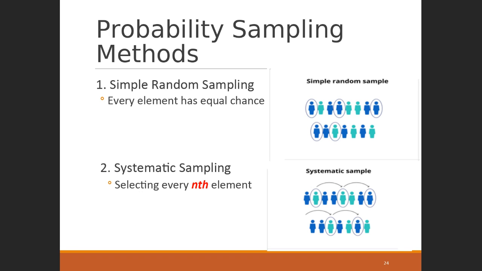So the first important type of probability sampling is simple random sampling, which means that every element in the population has a known or an equal chance of being selected as a subject of the sample.